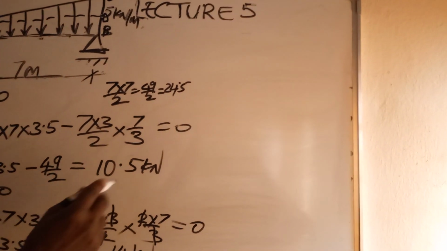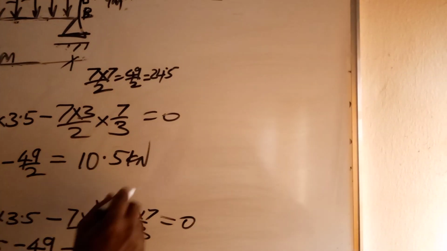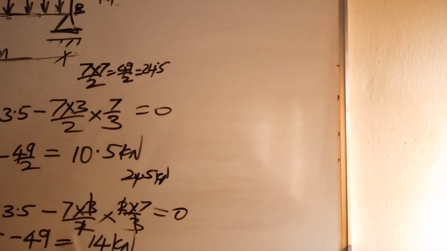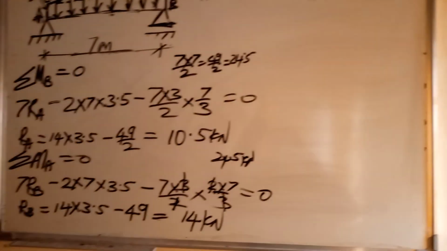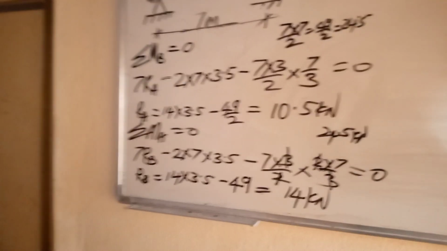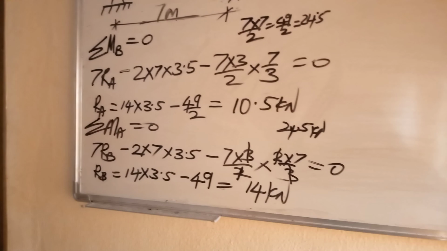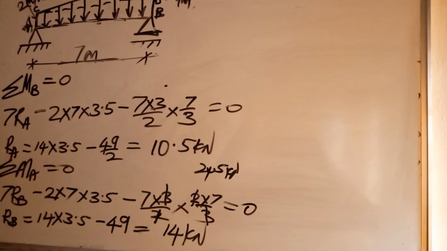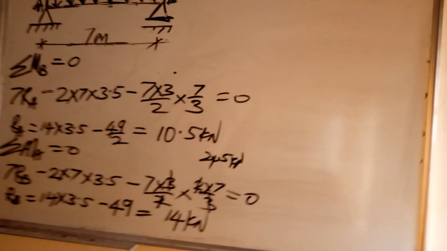If you add 10.5 plus 14, it will also give you 24.5 kilonewton. That shows you are correct. That is adding vertical forces to see whether the moment you took was right in getting the reaction. So, having got the reaction, the next thing is to calculate bending moment.